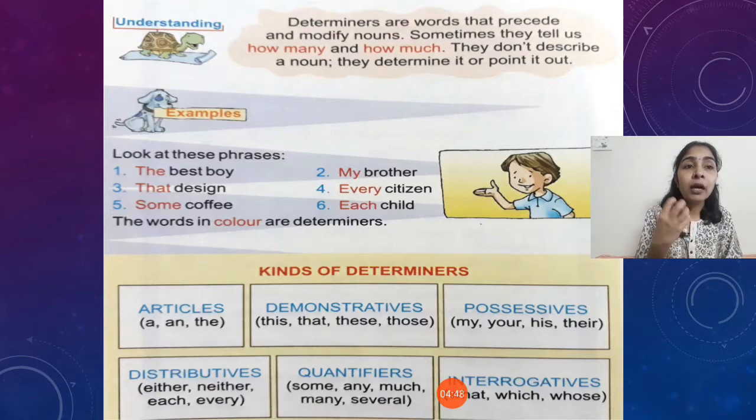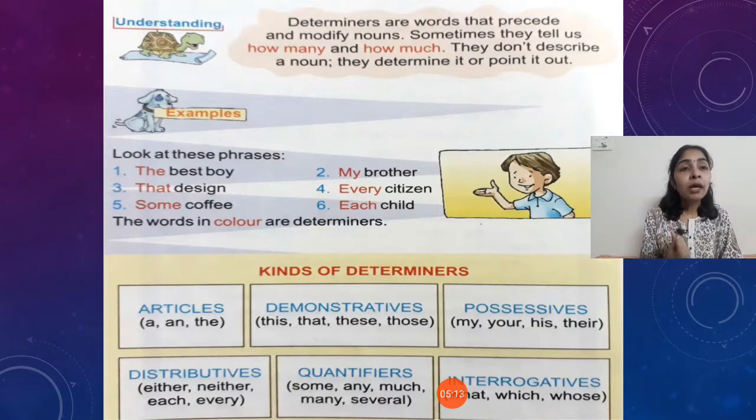Distributives point out a particular thing from a group. Quantifiers point out the quantity of the noun. Next and last are interrogatives, the question words that put up a question about the noun.